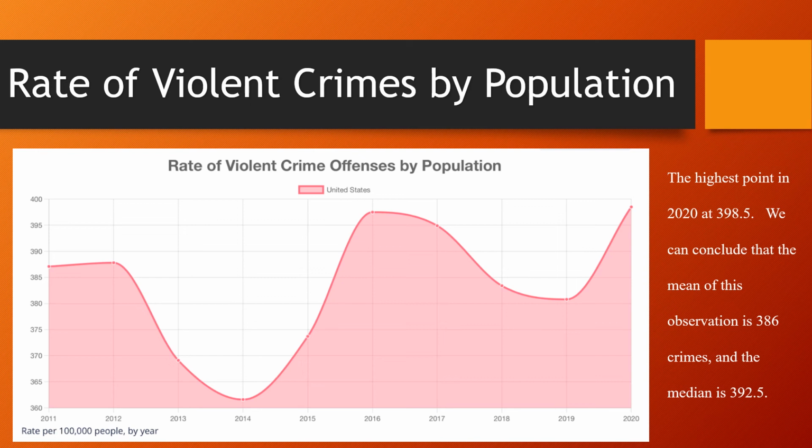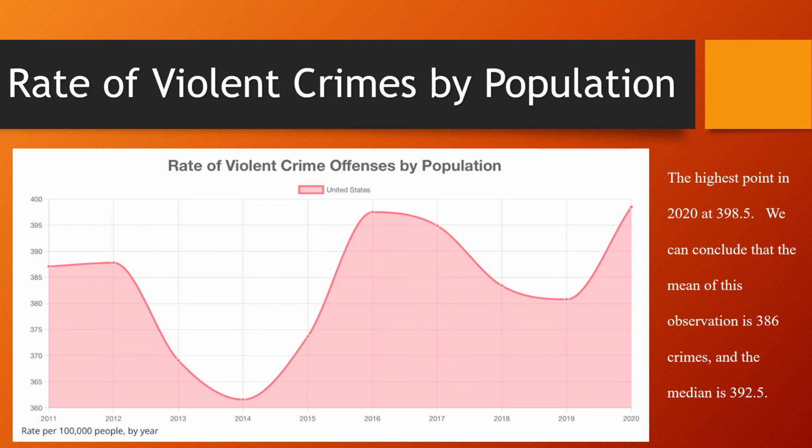From 2011 to 2021, the rate of violent crimes per 100,000 people has been increasing and decreasing. As is seen on the graph presented in the slides, the rate of all violent crimes in the United States was steady from the year 2011 to 2012 at the mark of 387 per 100,000 people.